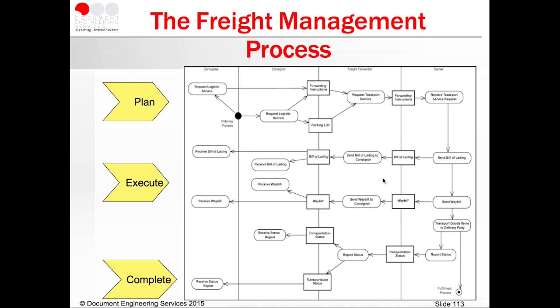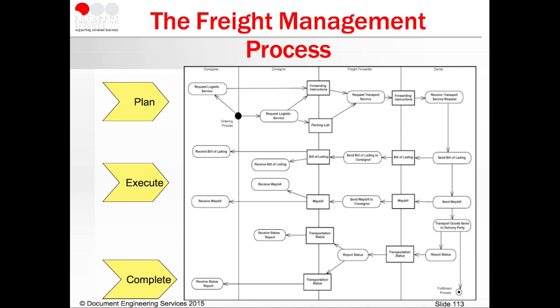I mentioned earlier that there are two different models inside UBL for describing the freight management process. One, which is the, if you like, traditional or the international freight management process, covers the plan, execute and complete phases using documents like forwarding instructions and packing lists and bills of lading and waybills and transportation status messages.